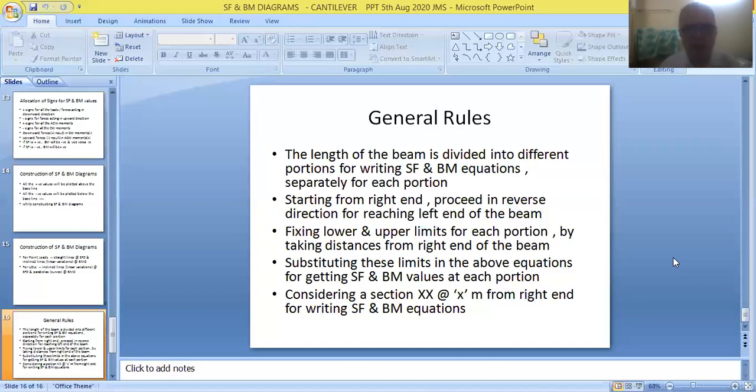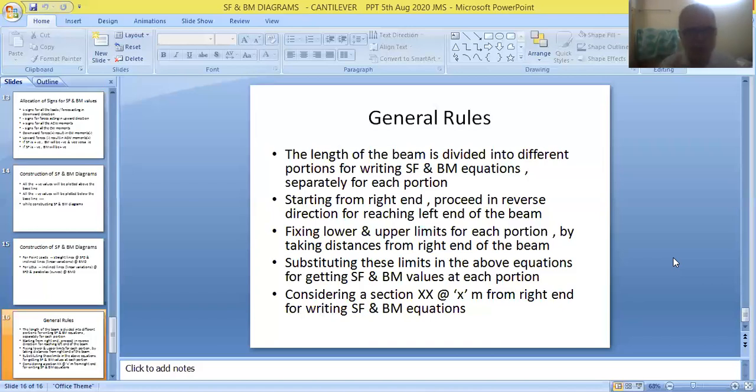And finally, friends, considering a section, that's very important. So for each and every portion we have to consider a section XX at a distance of X meter from the right end of the beam.